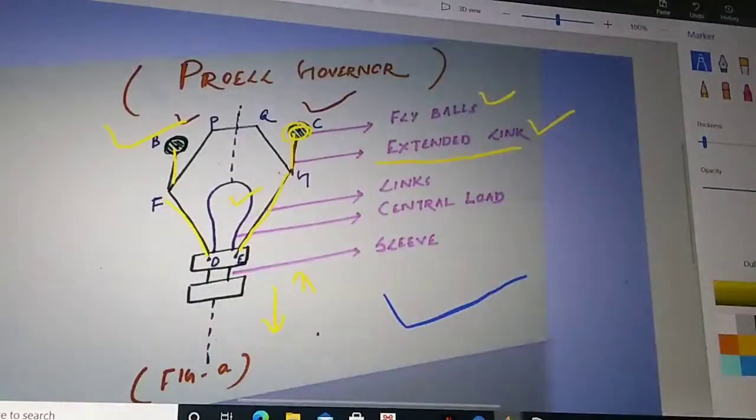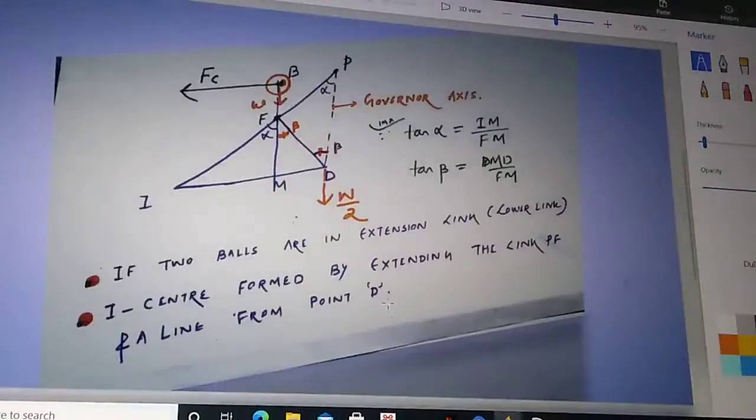So this is the Proell governor construction. Let us analyze one half of the governor and which forces are acting on it. The Proell governor has an extended link, as you have seen here, and we have considered only one half portion of this governor, and this is the extended link connecting to the fly ball.